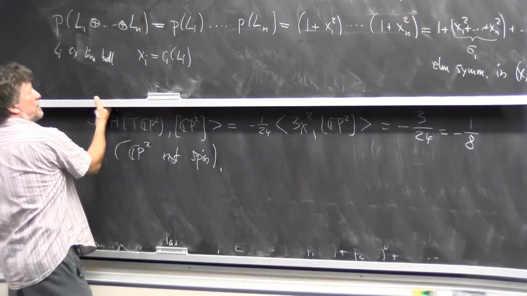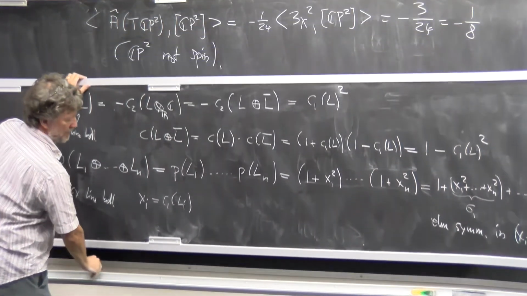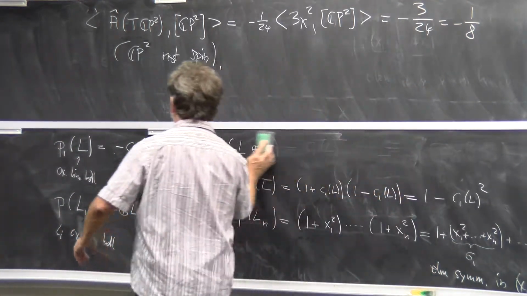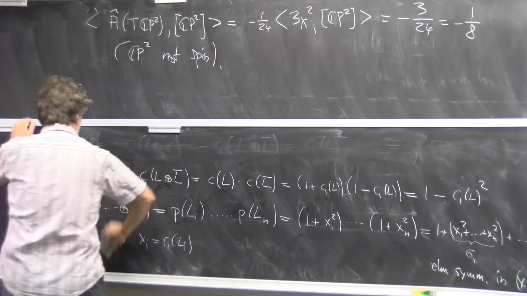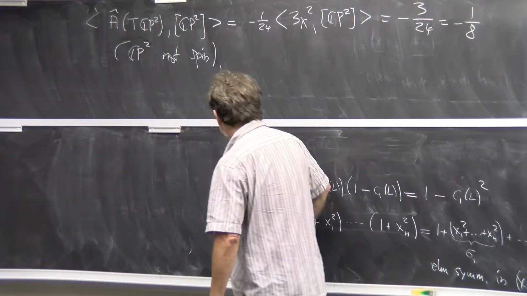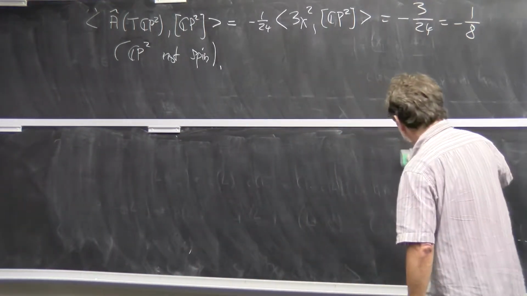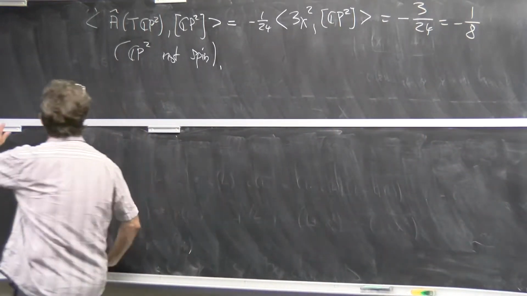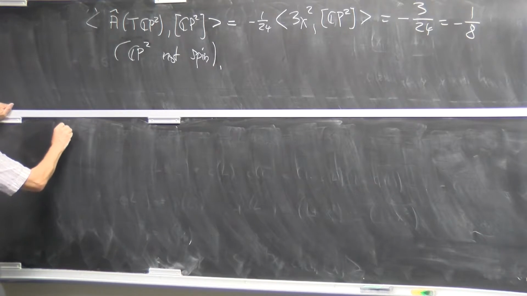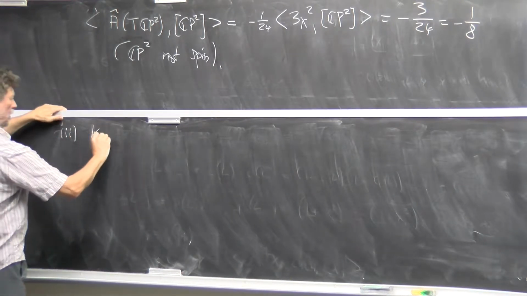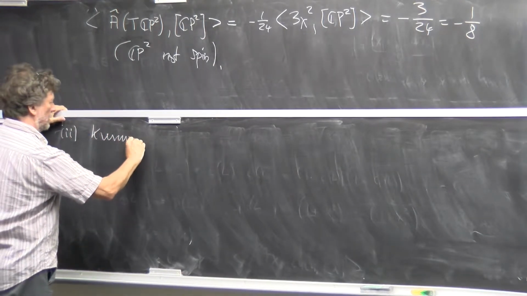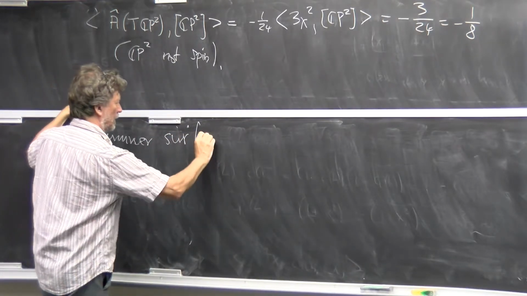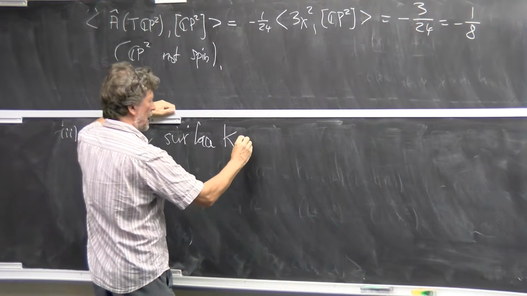Okay, so this was sort of an unfair example since it's really supposed to be more interesting for spin manifolds. So let's do a final example, namely a 4-dimensional spin manifold. I want to talk about the Kummer surface. That's my second example. The Kummer surface.